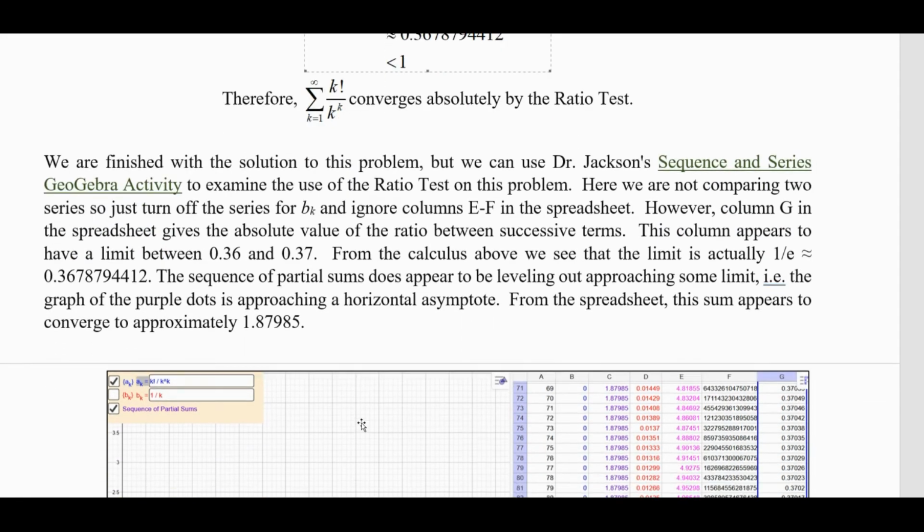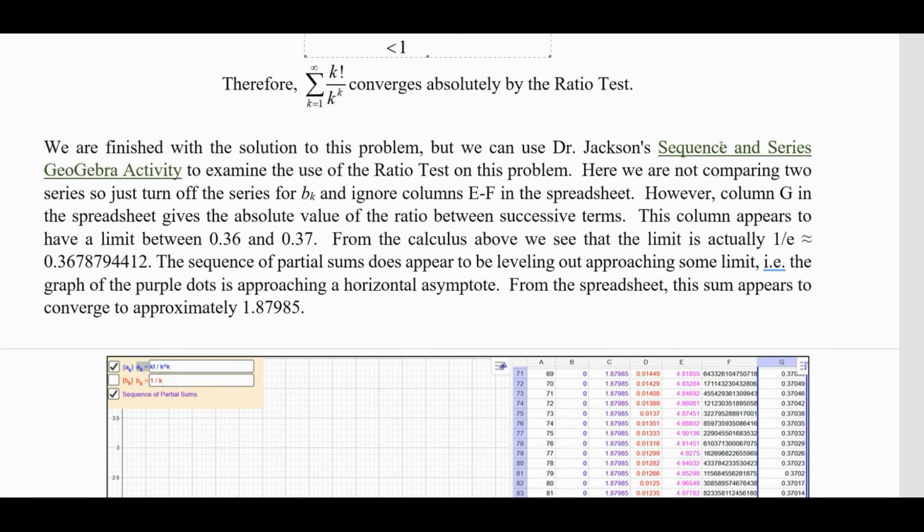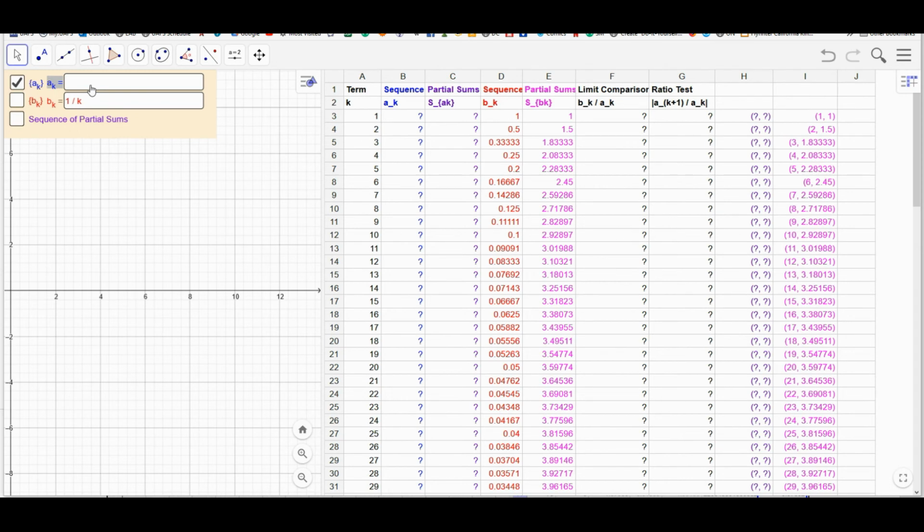So at this point, we're actually finished with the problem, but I want to use my sequence and series GeoGebra activity to examine the ratio test on this problem. I used this activity before. Let me see if I can pull this up. Okay, here it is.